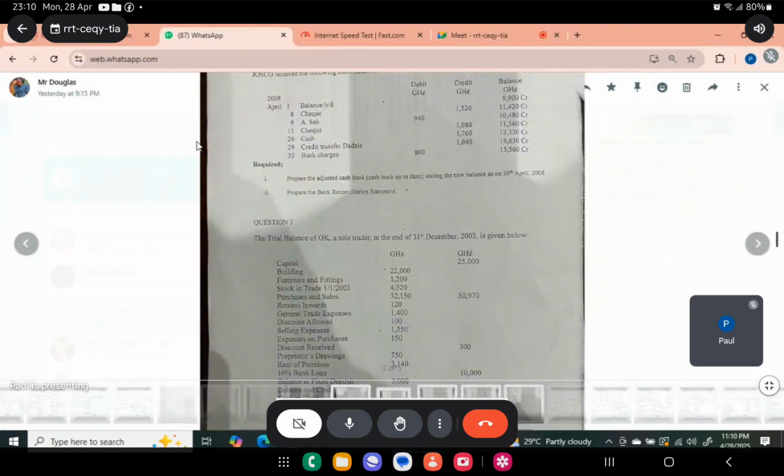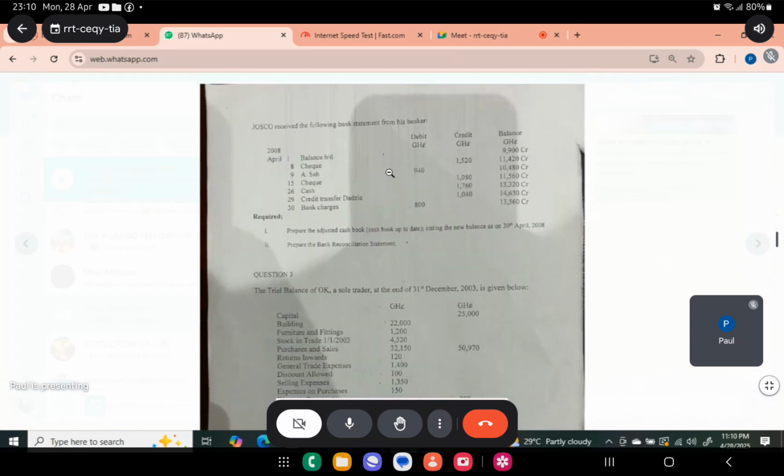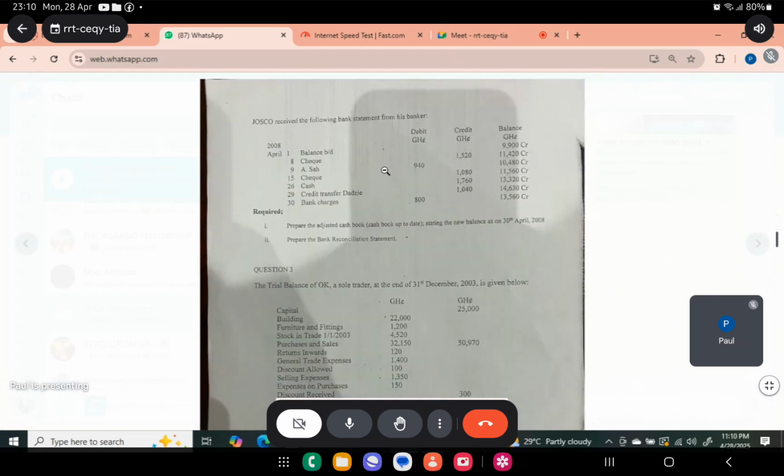So, Sarah, you see, the adjusted cash book is just like your cash book, but the adjusted cash book is to do corrections in your cash book. Do you understand? So now when you check the bank charges, it's not appearing in your cash book. That amount was supposed to appear in your cash book to decrease your money because they've taken the 800.